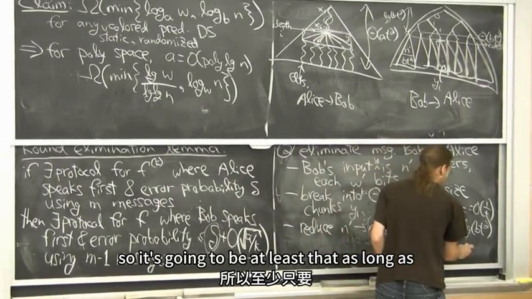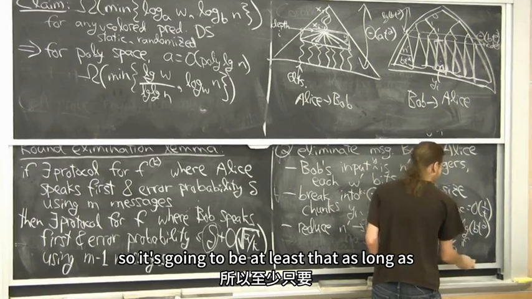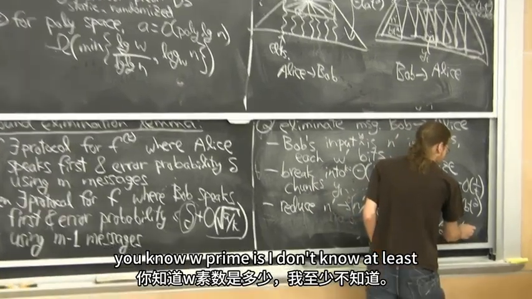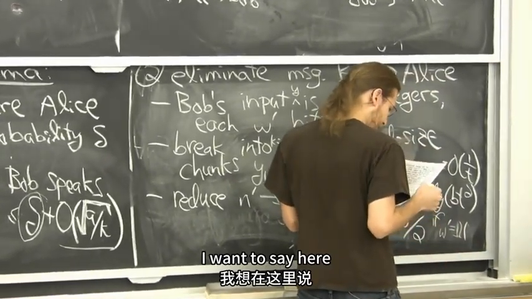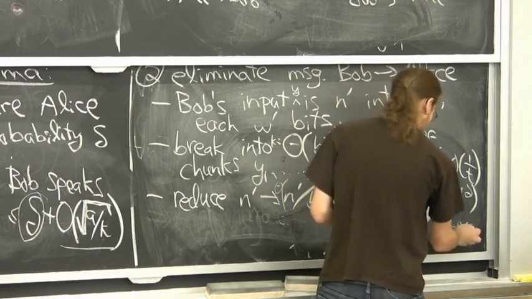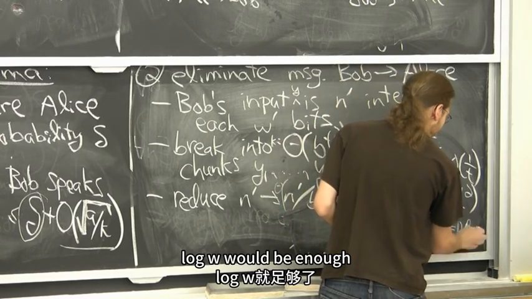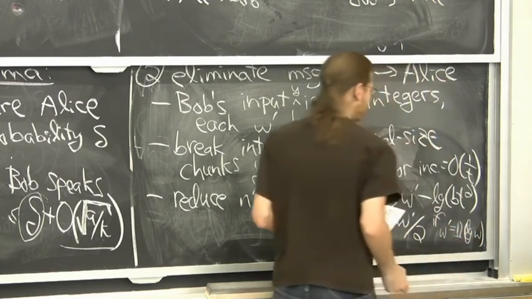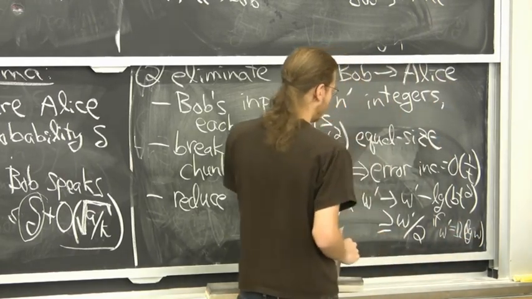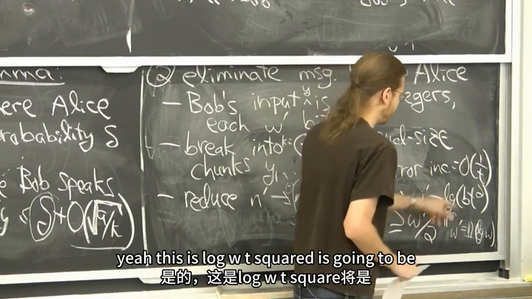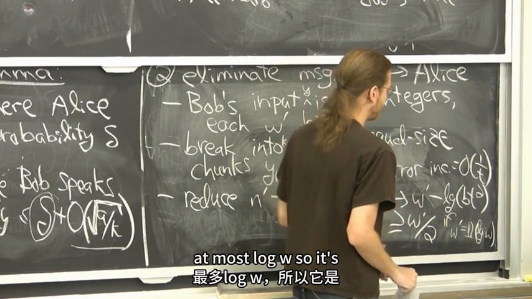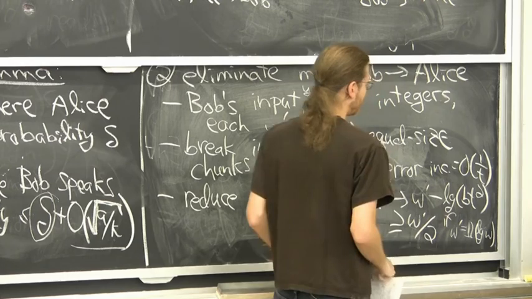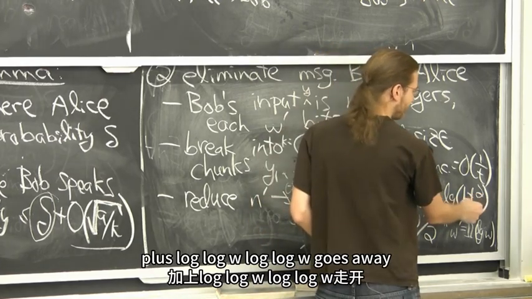So it's going to be at least that as long as w prime is at least, what do I want to say here? Log w would be enough. Yeah, this is log w. T squared is going to be at most log w, so this is going to be log w plus log w.